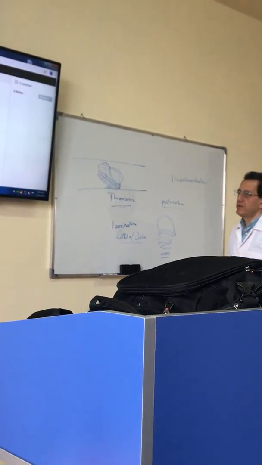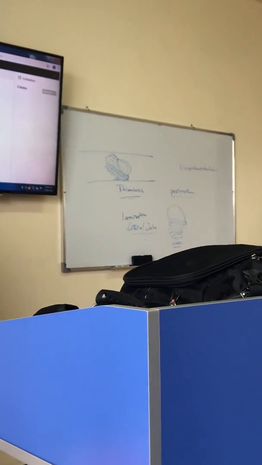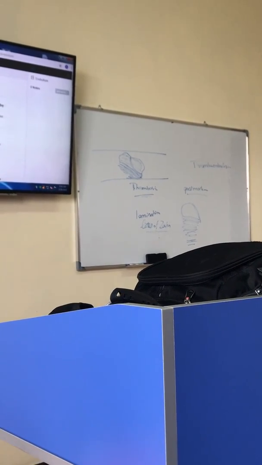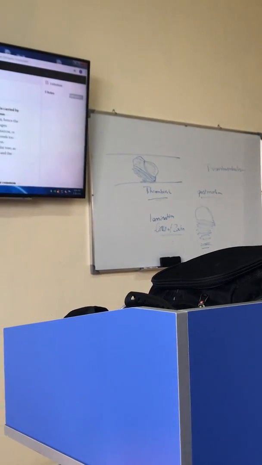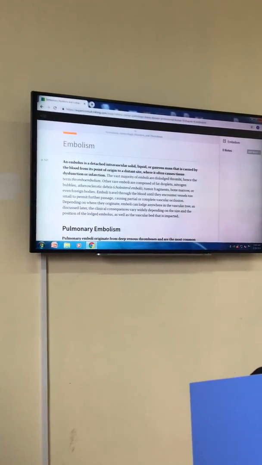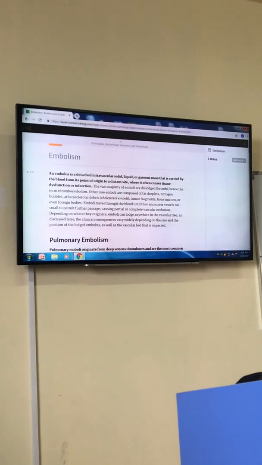This is called embolization. But in addition to thrombotic material, anything else, such as fat tissue, even a foreign body, air, amniotic fluid, anything that moves in circulation is called embolism.